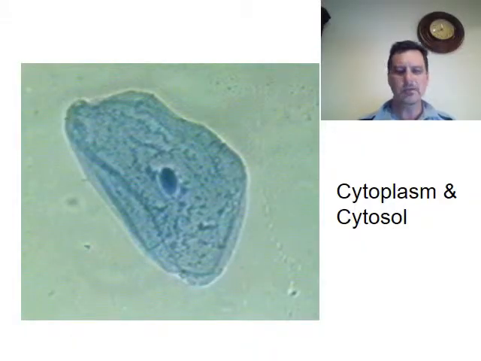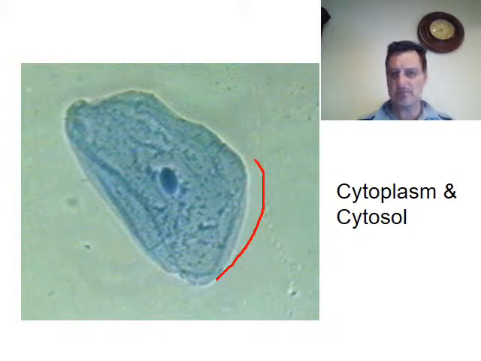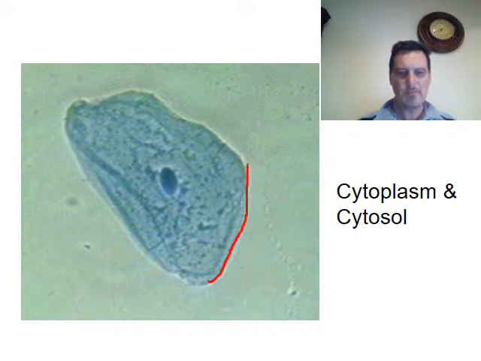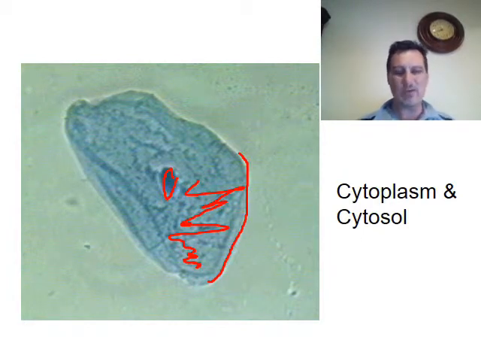Now the final organelle that we need to go through is the cytoplasm. Now the cytoplasm is basically everything inside the cell membrane, between the membrane and the nucleus. So all of this in here is cytoplasm, and that includes any organelles which are sitting inside there as well.